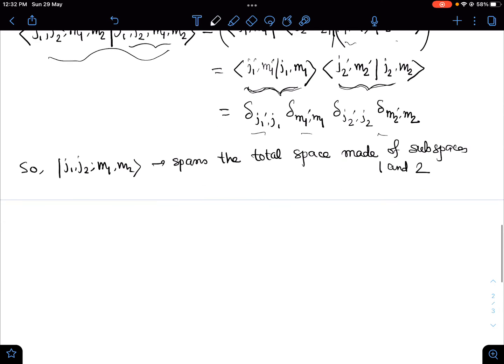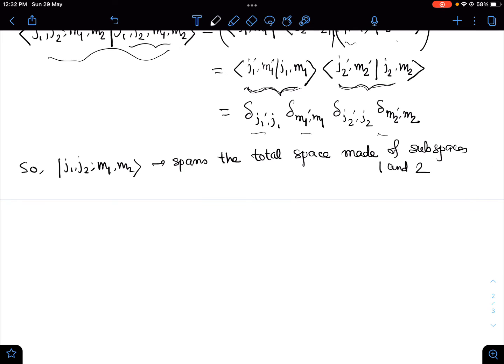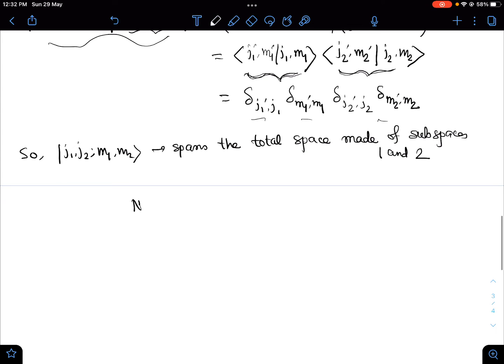So formally we can write, if n is the dimension of the total space, then n is (2J1+1) times (2J2+1).